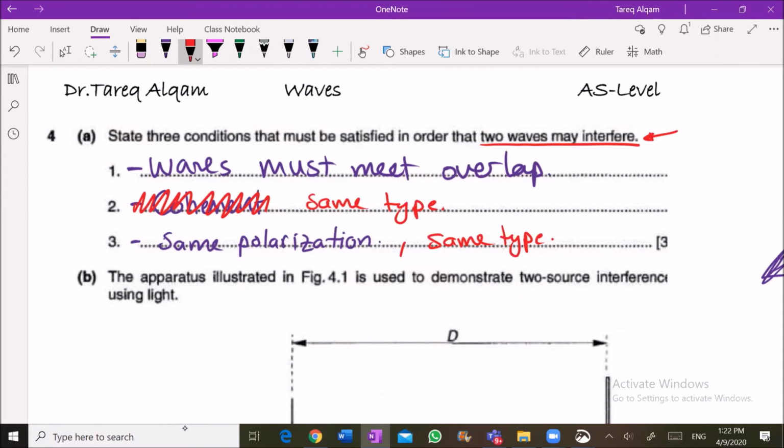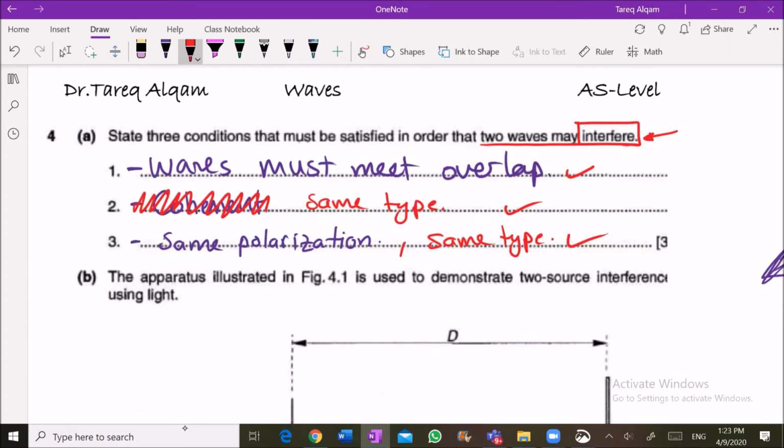Did you understand the concept? The condition for interference is that the waves must be the same type and the same polarization. If the question is about an interference pattern, the sources must be coherent. Is that clear?